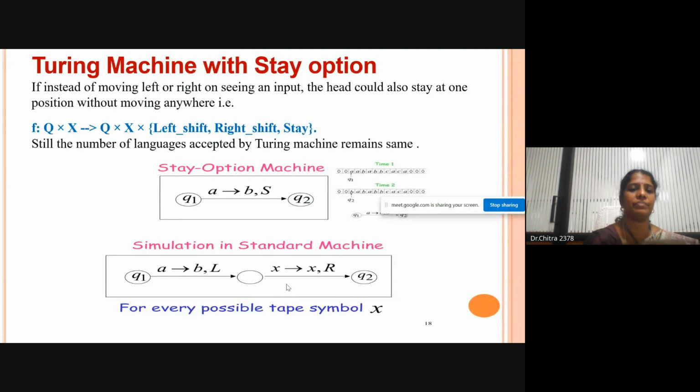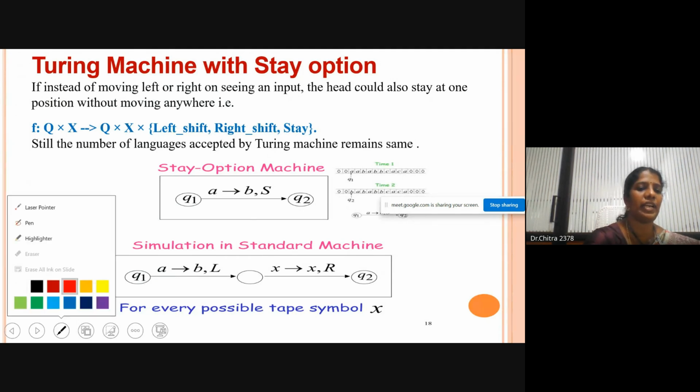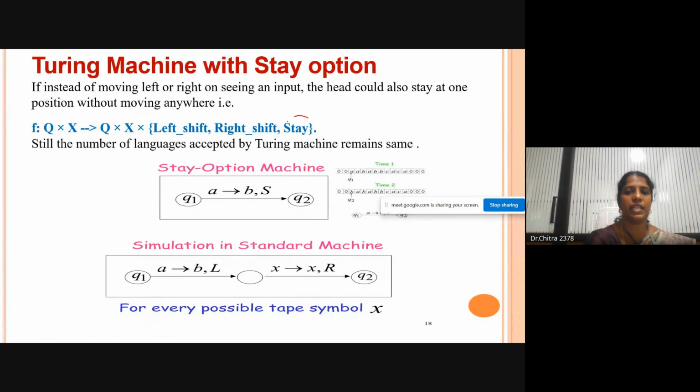Generally, there is left shift and right shift. In this Turing machine, in addition to left and right shift, one more option is there, that is the stay option. So instead of moving right or left, if the head stays in the particular position itself, that is called the Turing machine with stay option.